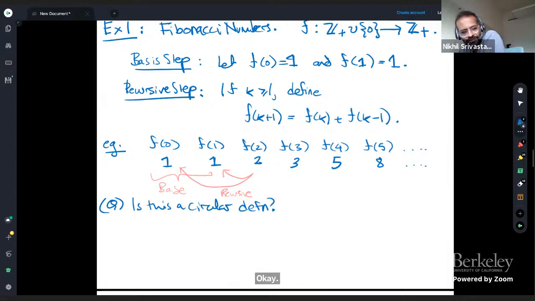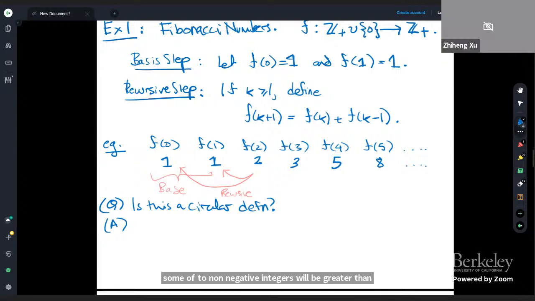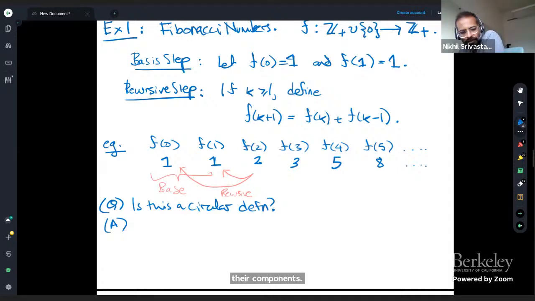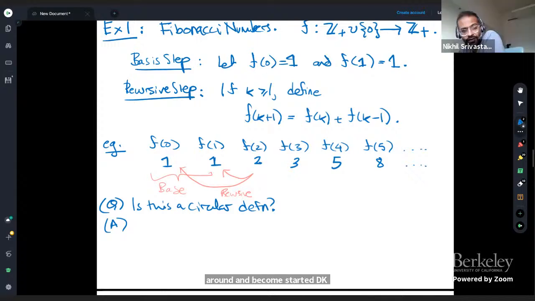Can you be a little bit more precise? The sum of two non-negative integers will be greater than their components. So there isn't a point in the function where it turns around and starts to decrease. Oh, okay.